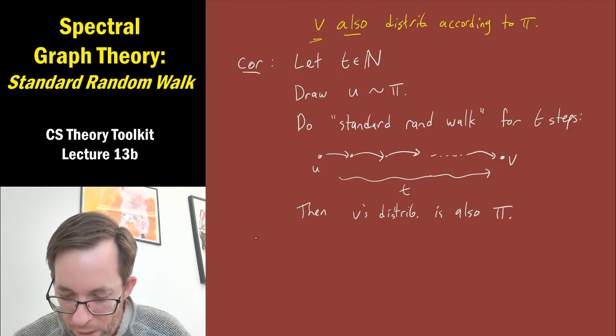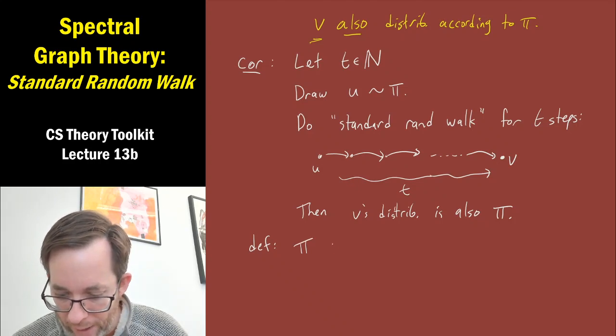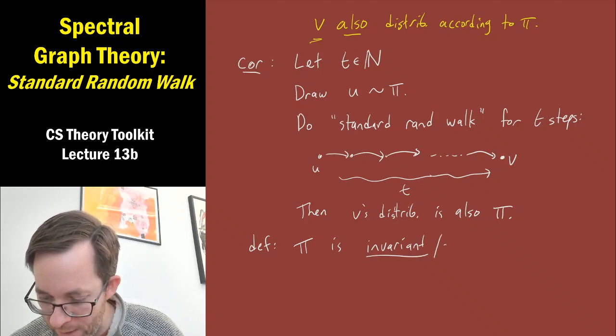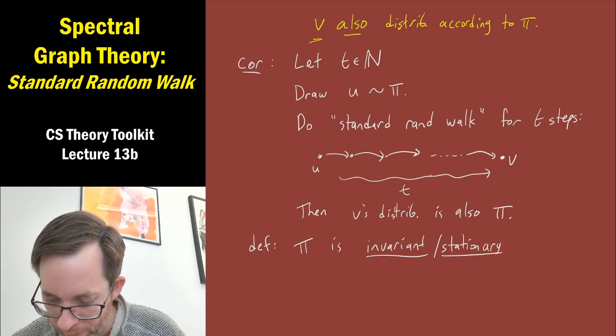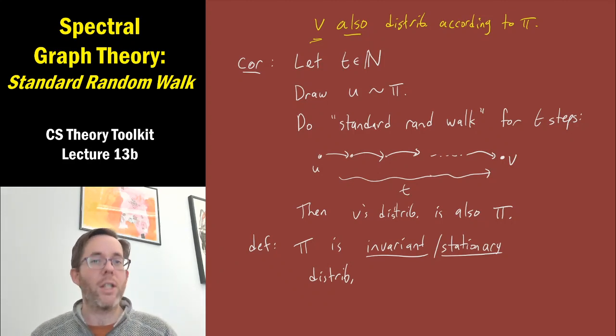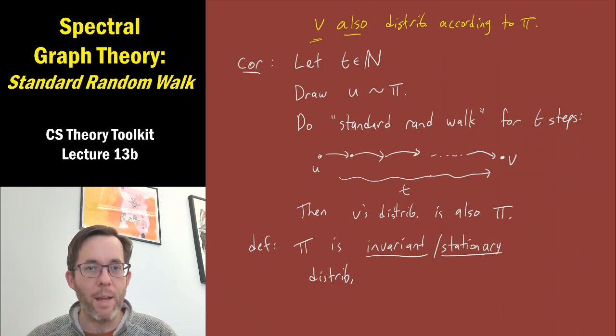And that's the reason that the special distribution pi is called the invariant distribution for the random walk on your graph, or sometimes the stationary distribution. I slightly prefer invariant though. It's the invariant distribution for the standard random walk on the graph, and it's so named because if you choose an initial vertex according to this distribution, then for all subsequent steps of your walk, the distribution of your position is invariant.